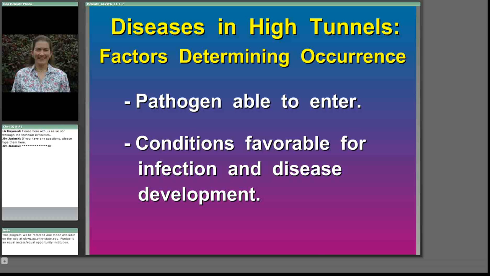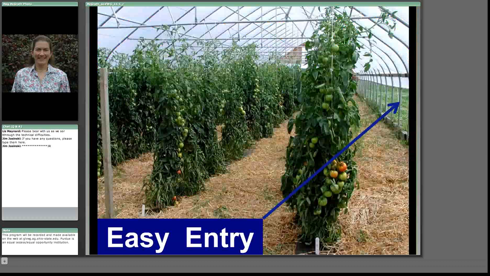So another very important consideration: high tunnels. You roll up those sides and you can see that you've got a huge area where a pathogen or an insect vector can get into the high tunnel. So there's a real opportunity for pathogens to get into a high tunnel versus in a greenhouse situation. So that's a very important consideration to have. And that's why you're going to want to control weeds right around your greenhouse.